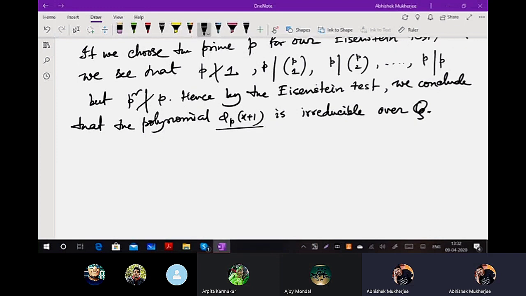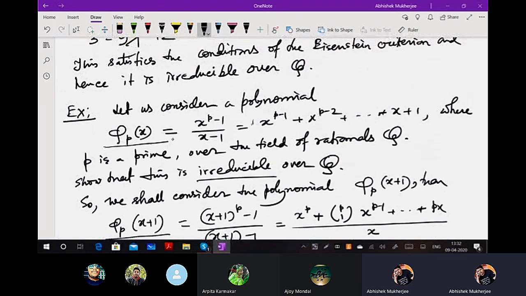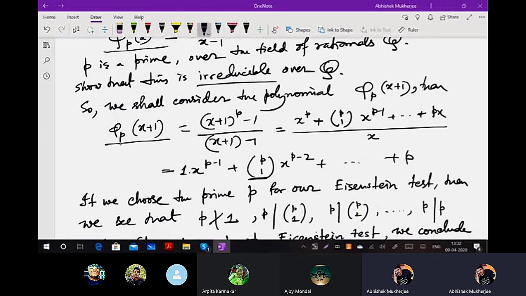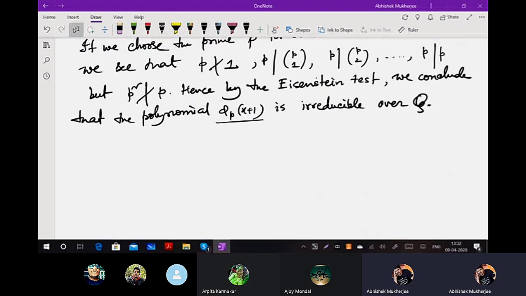Now we shall show that the given polynomial phi p x must be irreducible by using the irreducibility of this polynomial. But what is the logic?